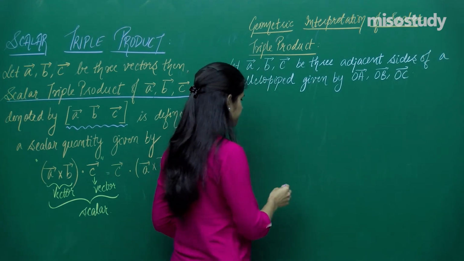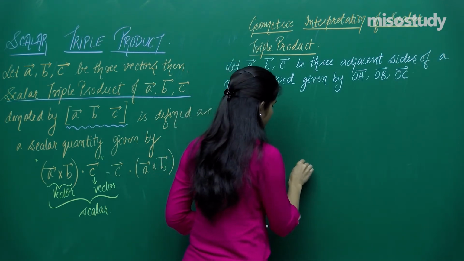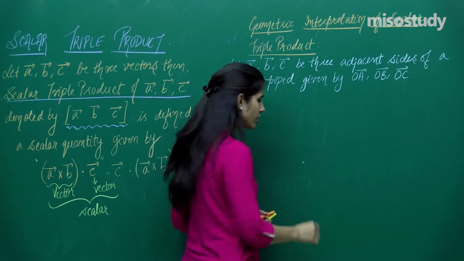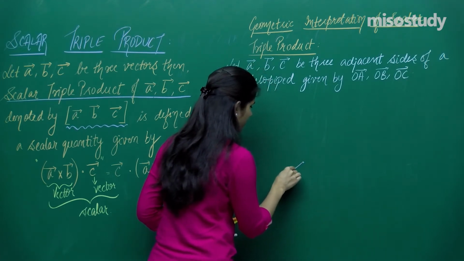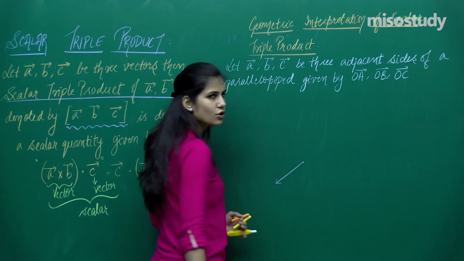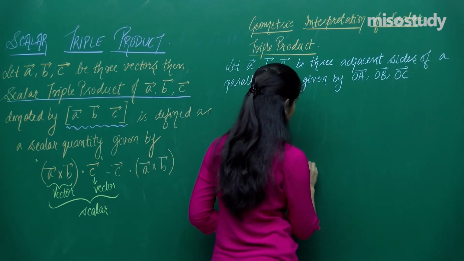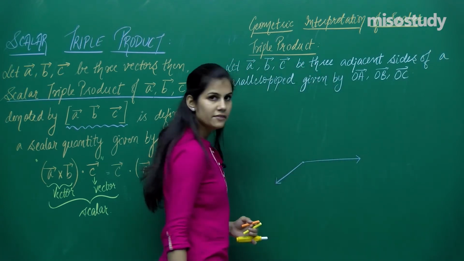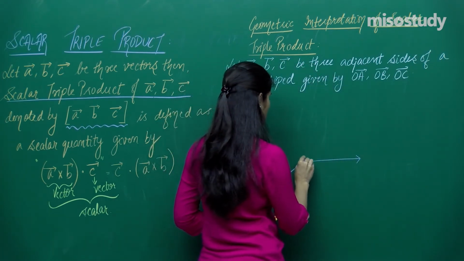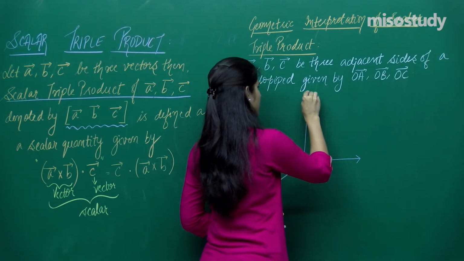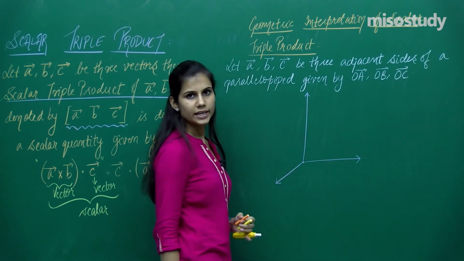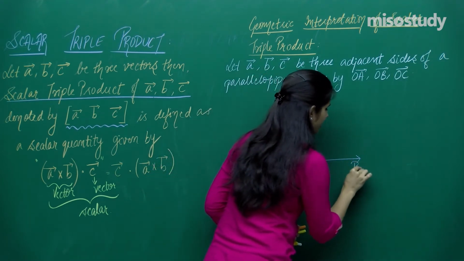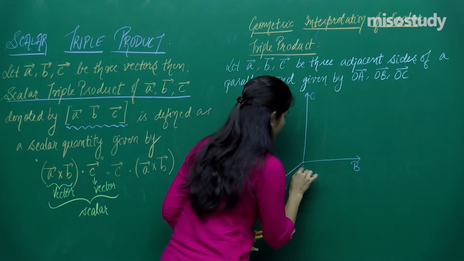So let's see. Basically, if you have, say, this point is O, this is your OA vector, say this is your OB vector, and say this is your OC vector. So I'm saying this is my point A, that's point B, and that's point C, and this is O.